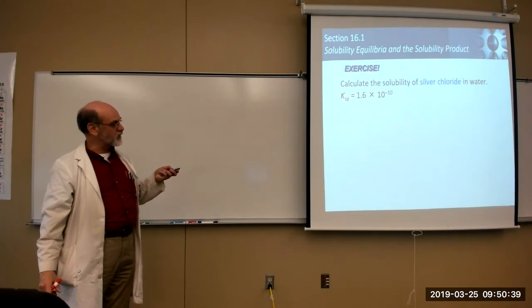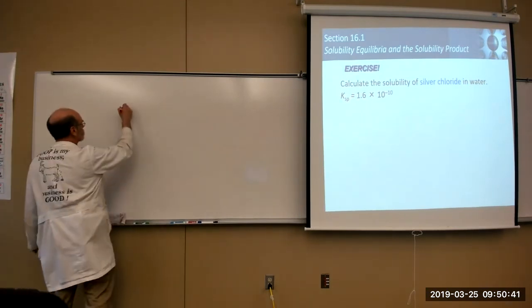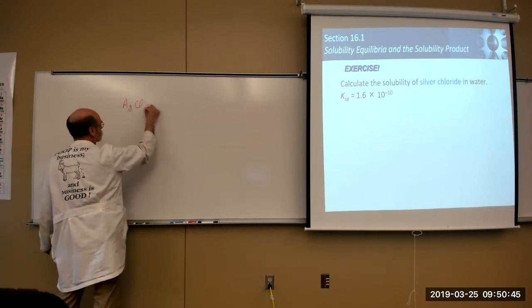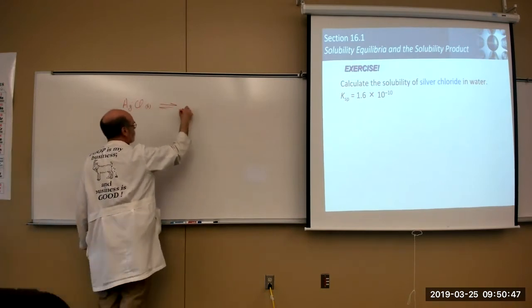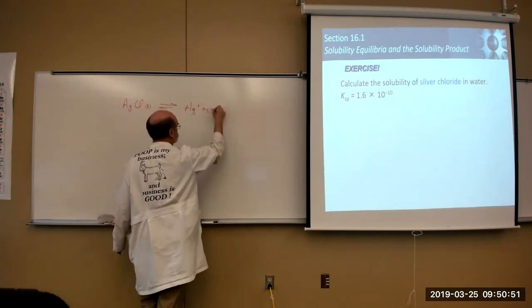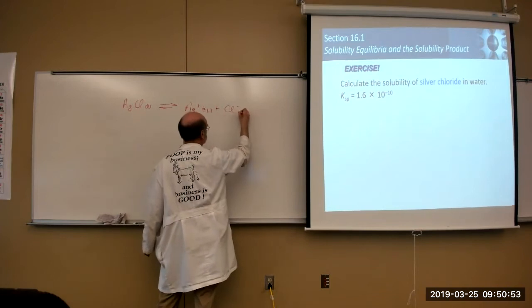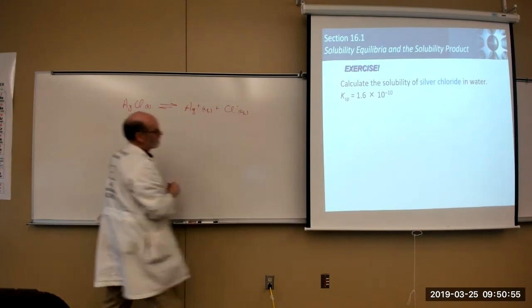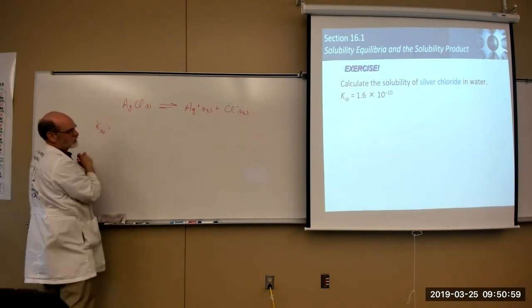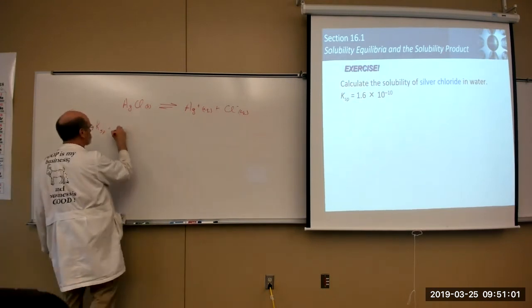So there's your KSP. So let's write silver chloride becomes this in solution. And then the solubility product is equal to 10 to the minus 10th.